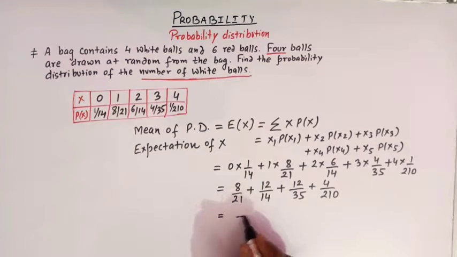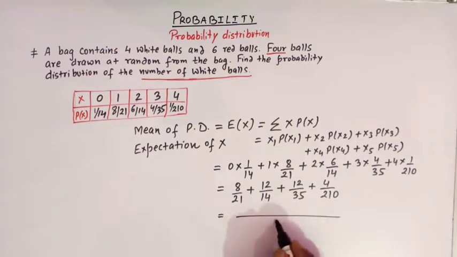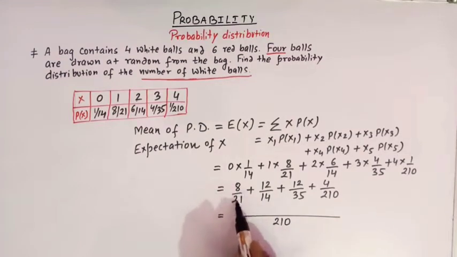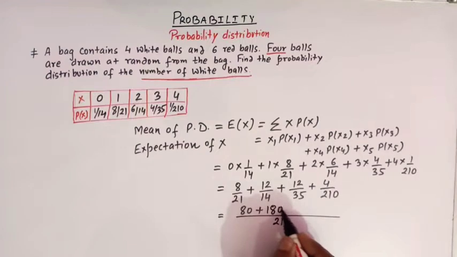So now the LCM of 21, 14, 35 and 210 is equal to 210, and now we have 21 divided by 210, so we have 10 times 8, 80. Then we have 14, 15s are 210, so 15 times 12 is 180.